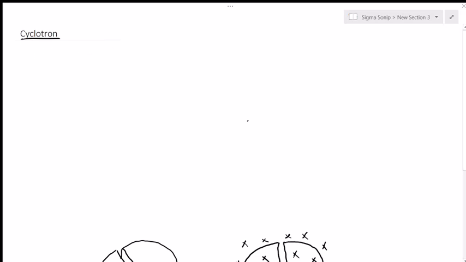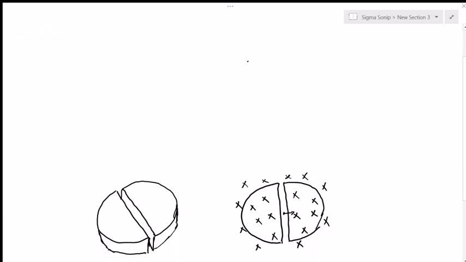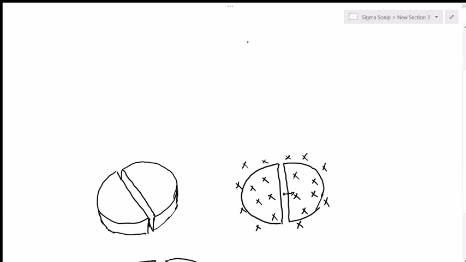Okay, so this is the design of a cyclotron. A cyclotron is made of Ds, so we call them Ds, and that's a proper word you can use in your writing when you write answers. There are two Ds there. One is this, the other is D, and these are hollow.